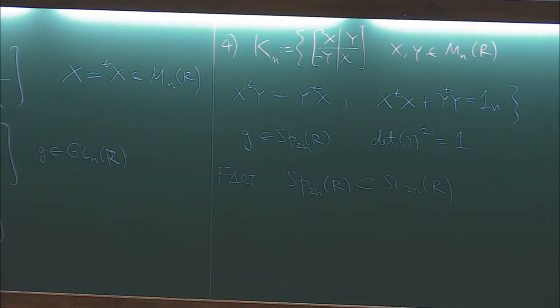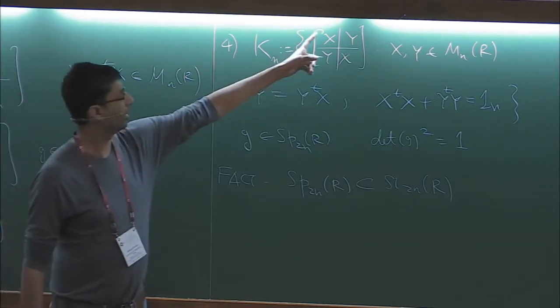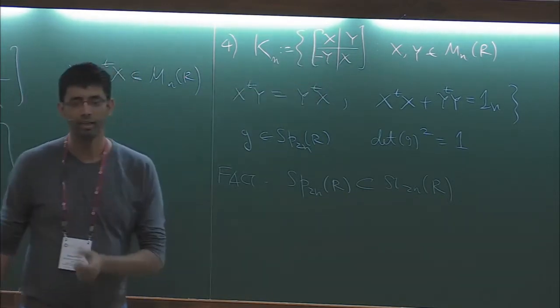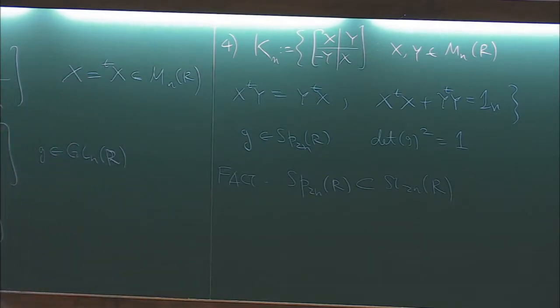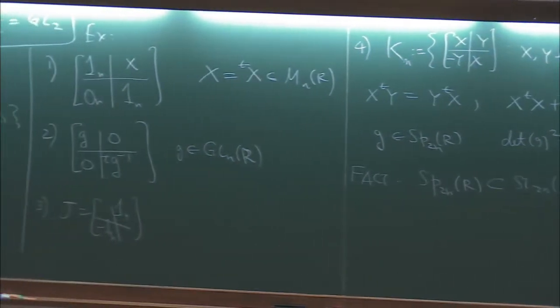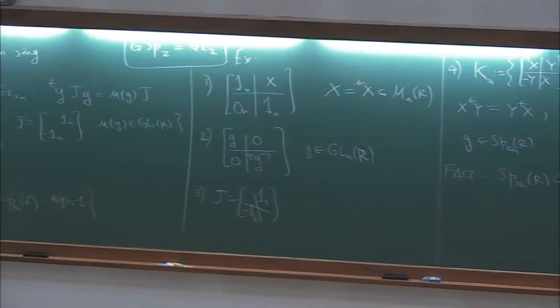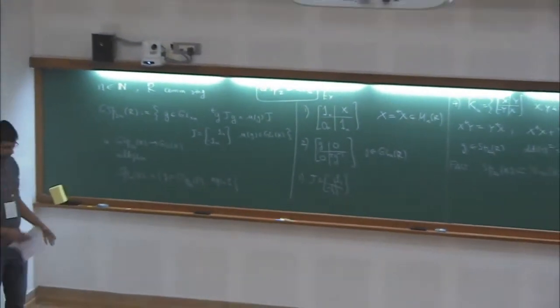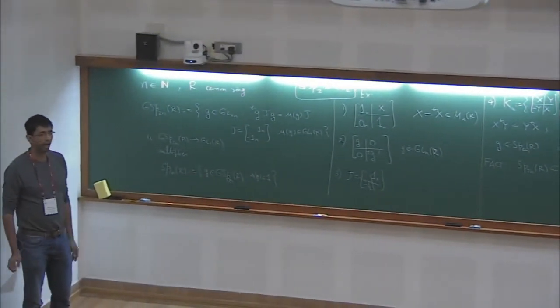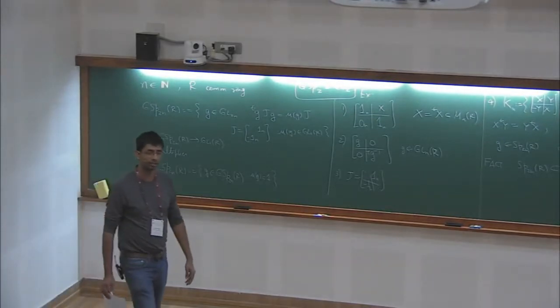And all you need to know is what happens to matrices of this kind, and you can do a very clever trick to show that the determinant is always positive. Well, if it is positive, it has to be plus 1, because we have plus or minus 1 as a choice. So it's a very nice exercise to check that these are determinant 1 matrices. So this is your symplectic group, and this symplectic group acts, yes?